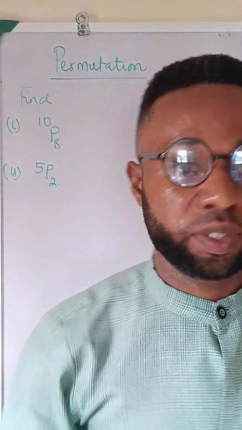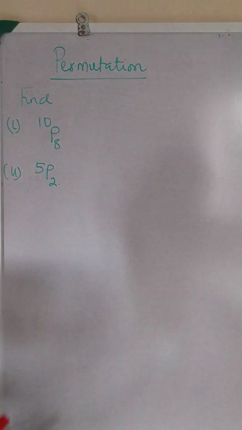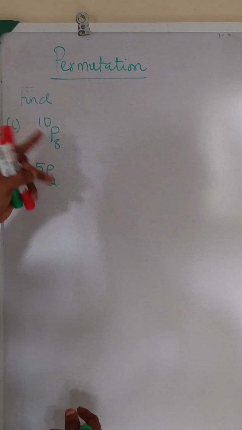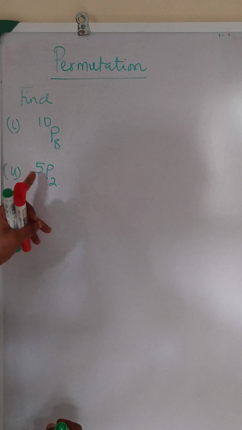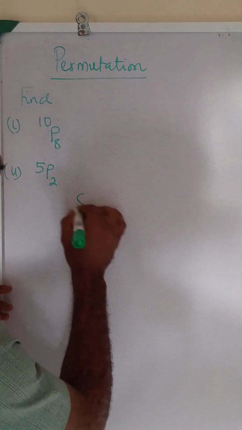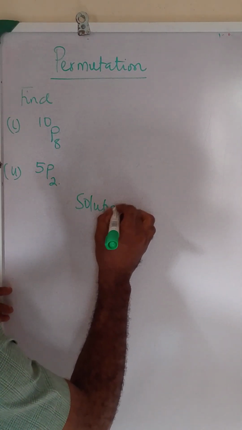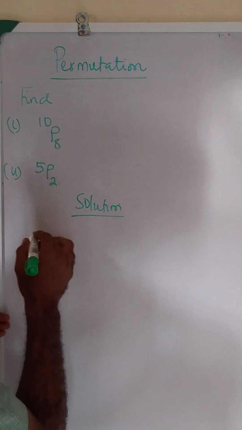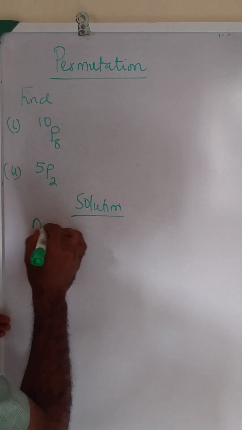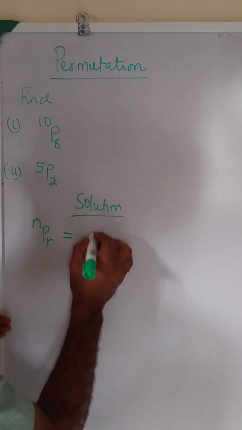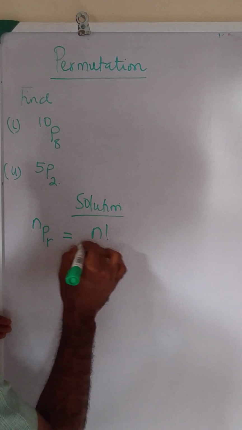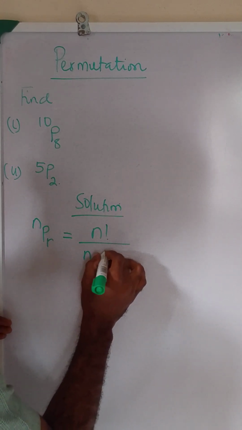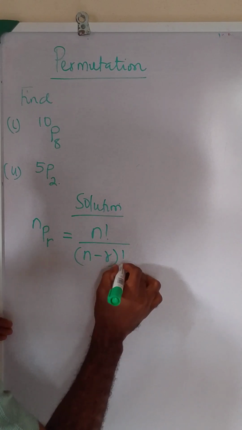So let's solve this example. We are asked to find 10 permutation 8 and 5 permutation 2. So we have the solution. The general formula for permutation, n permutation r, is equal to n factorial all over (n minus r) factorial.